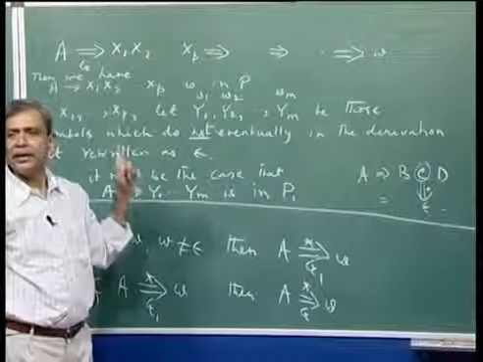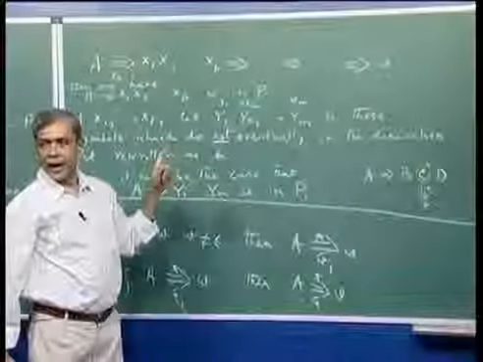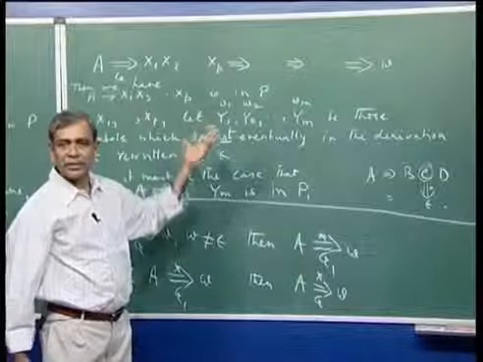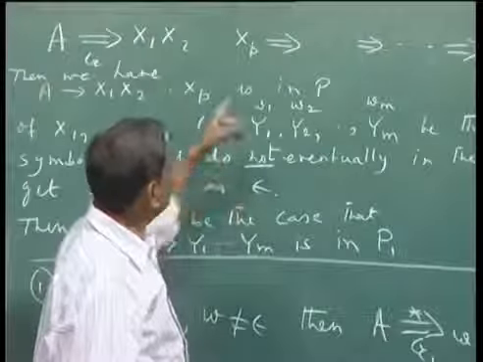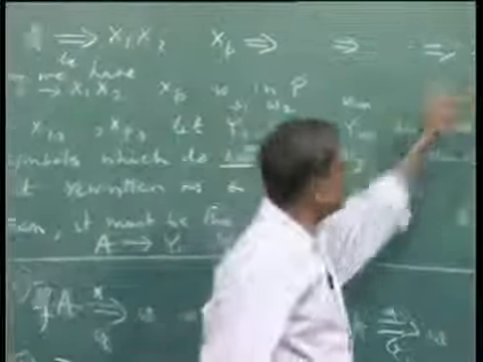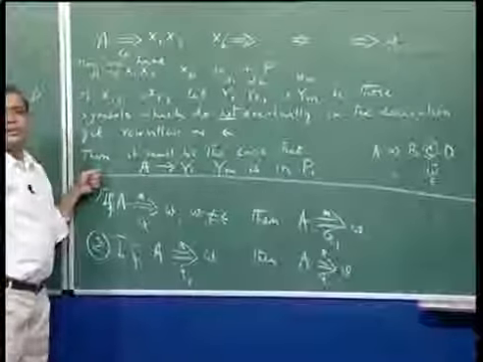But the derivations for each of these to go from yi to wi, they must be using steps less than n, and therefore we can use the induction hypothesis to say that we will be generating the same string w in G1 also.